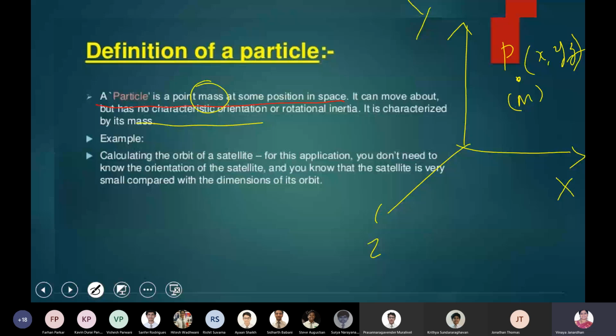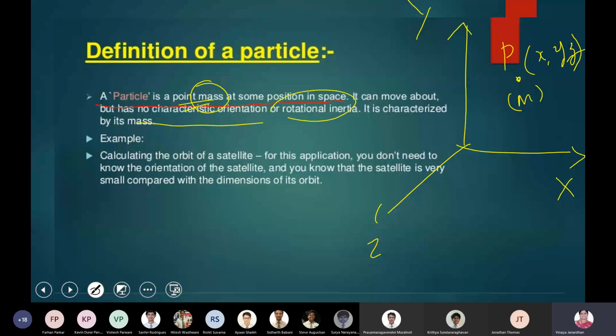We'll start with axis of rotation later. So a particle will be considered as a single point mass. It will have a position. If it is moving in space, its position can be specified by x, y, and z coordinates. I'll come to rotational inertia later on.